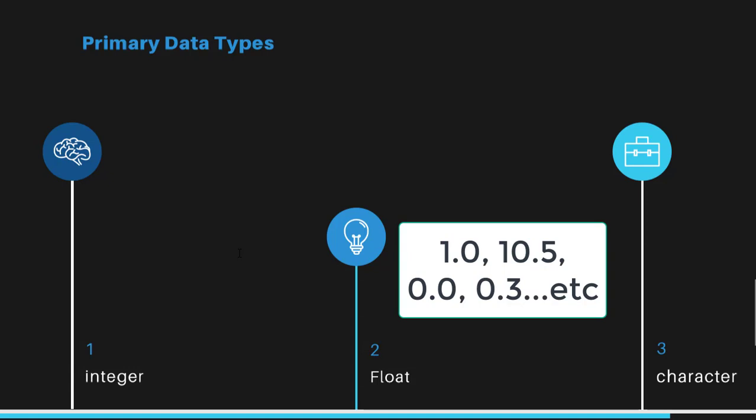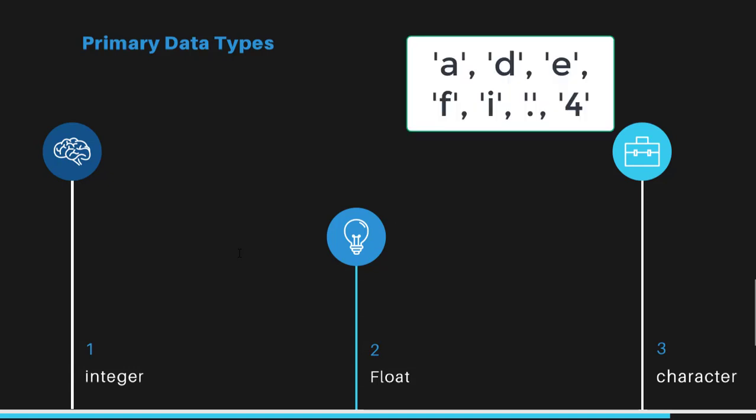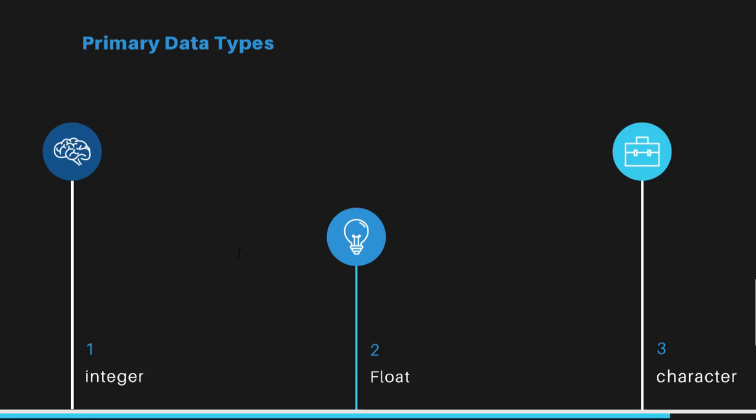And the characters are single quoted letters like A, D, E, F, I, full stop, even 4. So far as it's in a single quote, it's seen as a character. So these are the main types of data types.